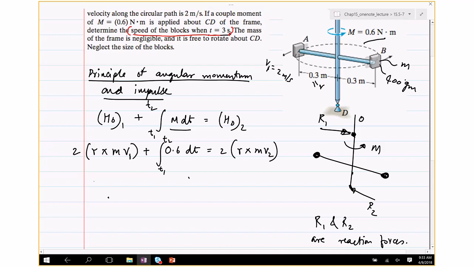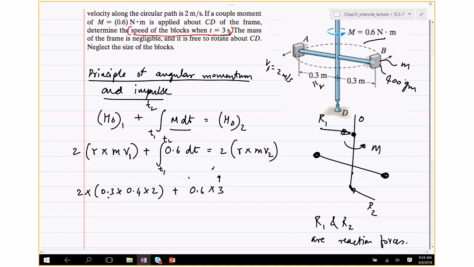So 2 times the radius, which is 0.3, times the mass, 400 grams, so 0.4 kg. Velocity is 2 plus 0.6, delta t is 3 seconds.